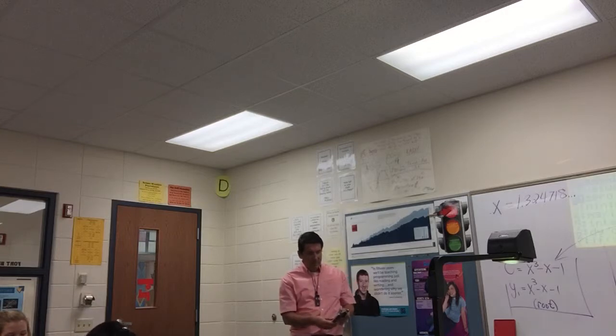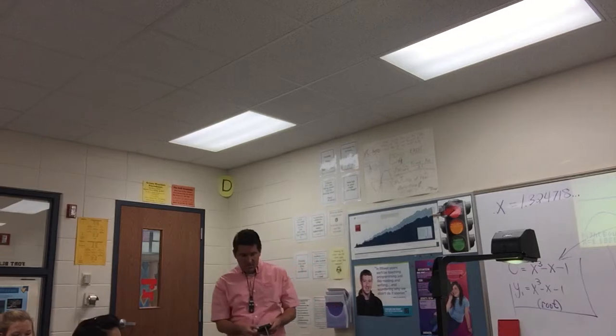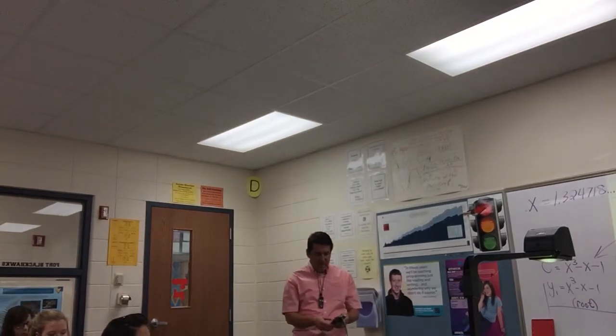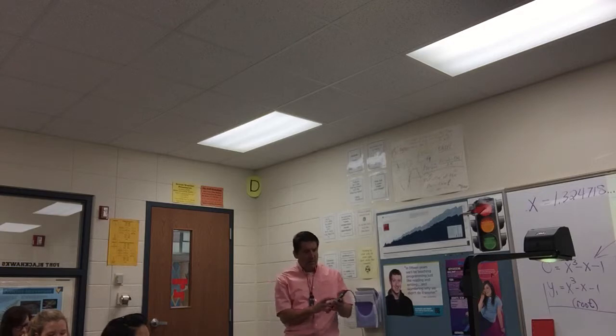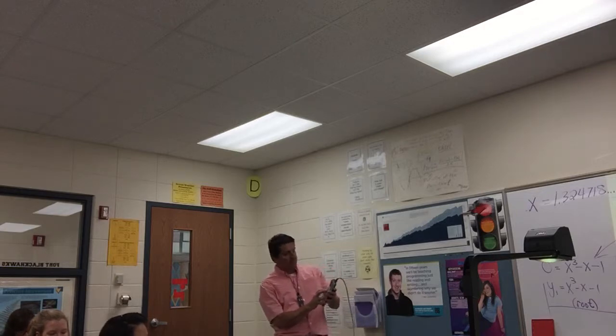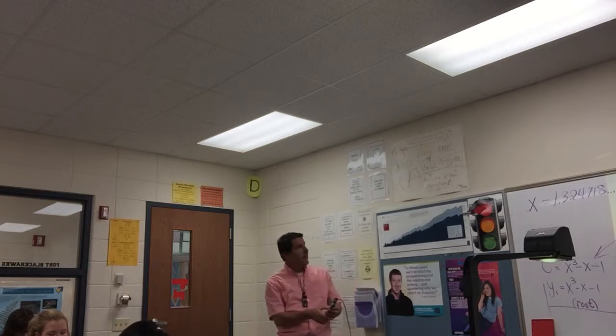Second calc. Go to 0. Just like you did before. Technically, if you did it already, it's still there. So left bound, right bound, and then get inside there. Now, once you get it, just press second quit, and press X.